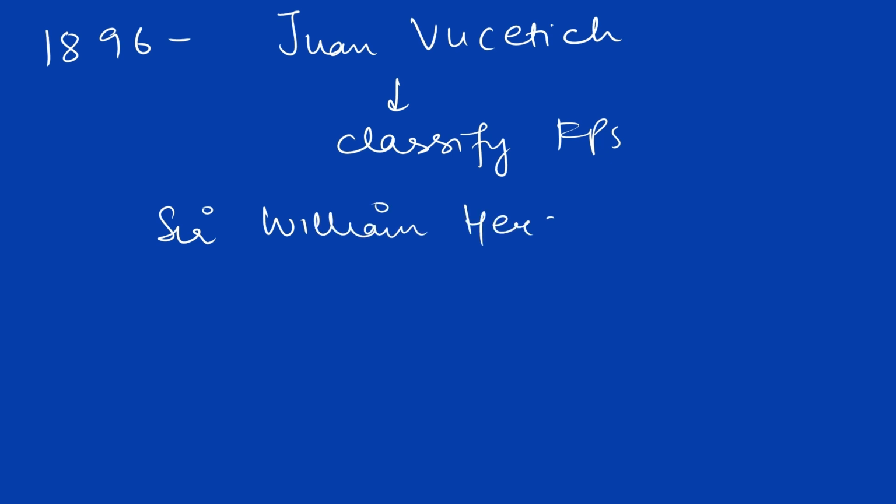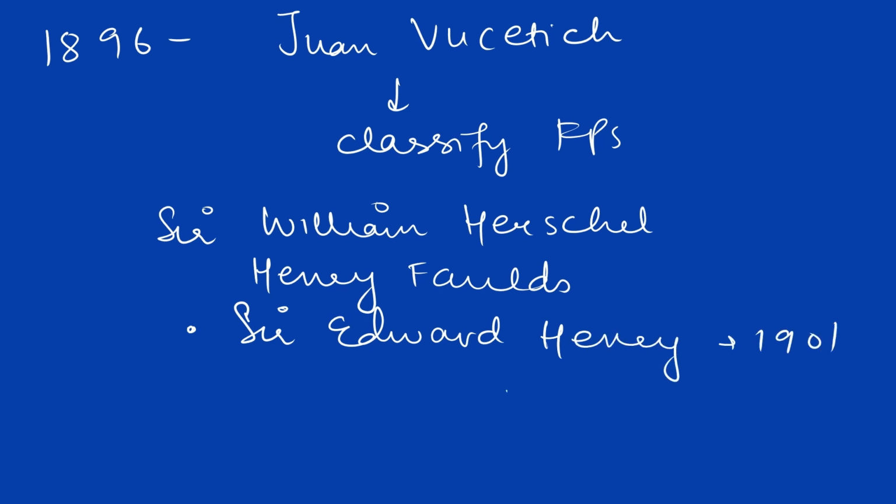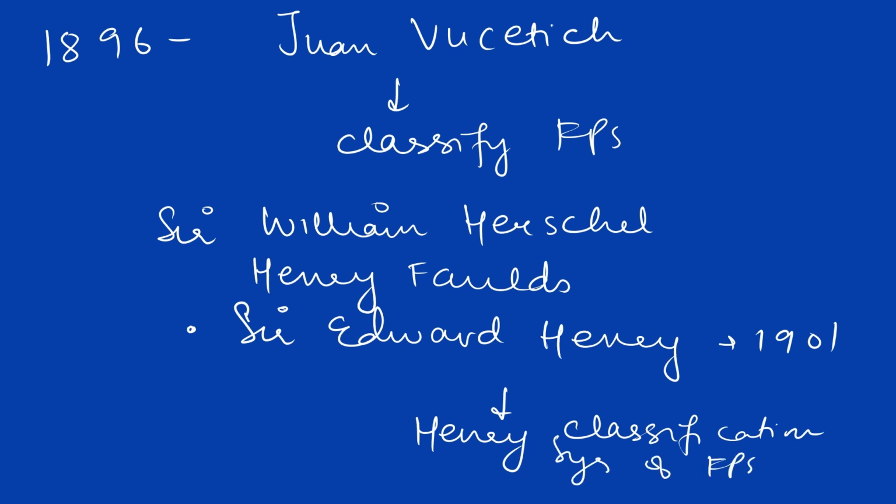They also explored fingerprints for identification, but in the end it was Sir Edward Richard Henry who in 1901 developed the Henry classification system of fingerprints, which is still in use today for fingerprint cataloging and retrieval.